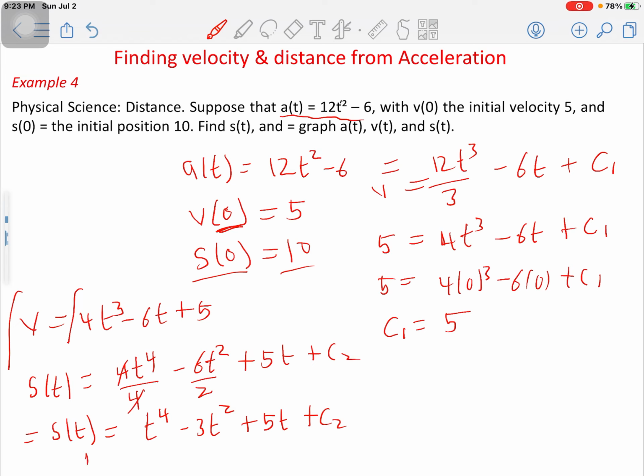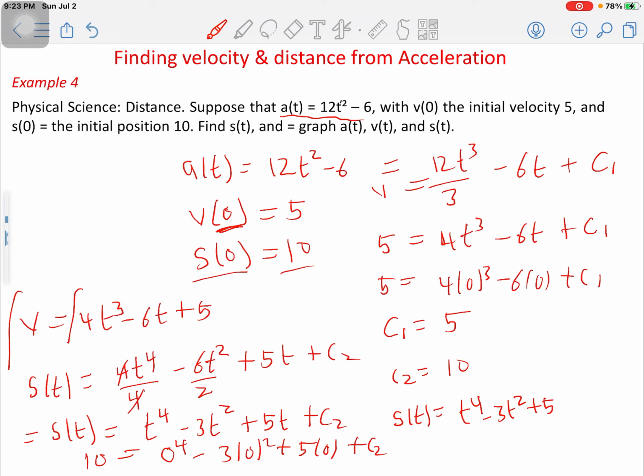Therefore, we can do the substitution: 10 equals 0 power 4 minus 3 times 0 power 2 plus 5 times 0 plus c2. And at the end of the day, we are going to get c2 equal to 10. Bringing it back to the original function, s of t equals t power 4 minus 3t squared plus 5t plus 10. So this is our distance function.